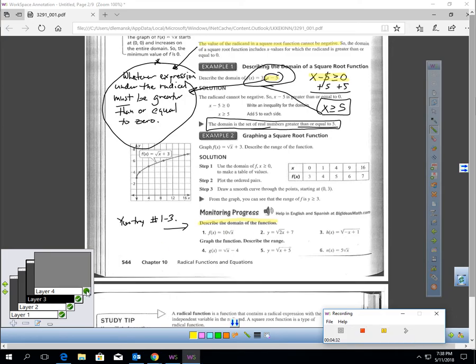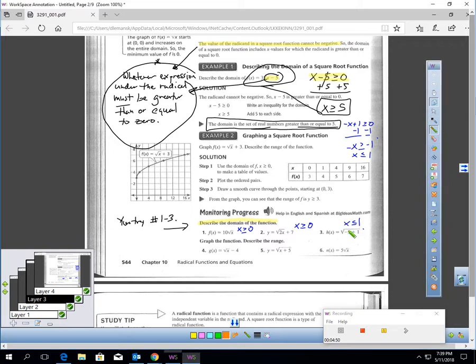And I'm back. So the domains would be, for the first one, you can see x greater than or equal to 0. Same for the second question. I can plug in 0 or anything greater, and that would give me positives here. Now for 3, you got to be careful. I'm going to use my highlighter. This statement must be greater than or equal to 0. So you can see I wrote that out. So I got to solve that.